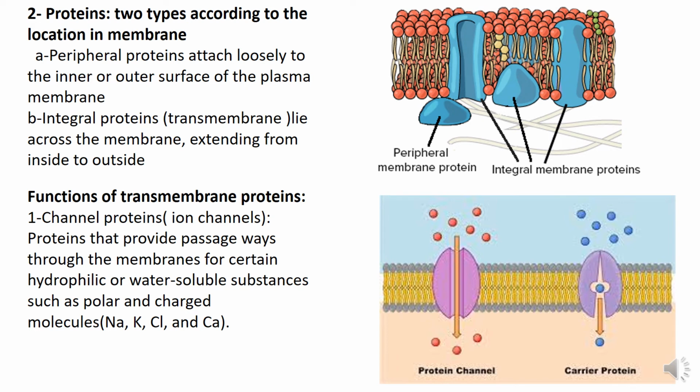Channel protein provides a passageway through the membrane for certain hydrophilic or water-soluble substances such as polar and charged molecules: sodium, potassium, chloride and calcium. This is an ion channel, exchange of molecules such as sodium, potassium, chloride and calcium.